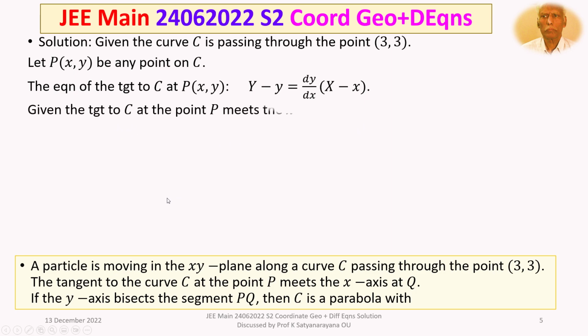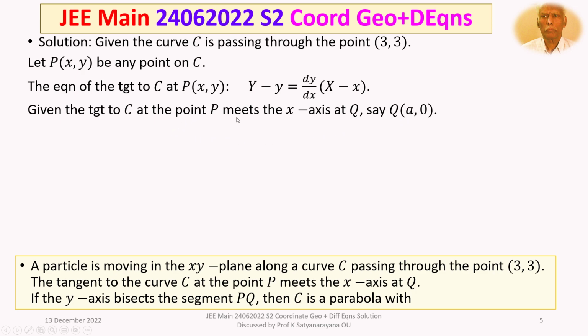It's given that the tangent meets the x-axis at Q. Let the coordinates of Q be (a, 0) for some a. Why? Because a point on the x-axis has y coordinate 0.